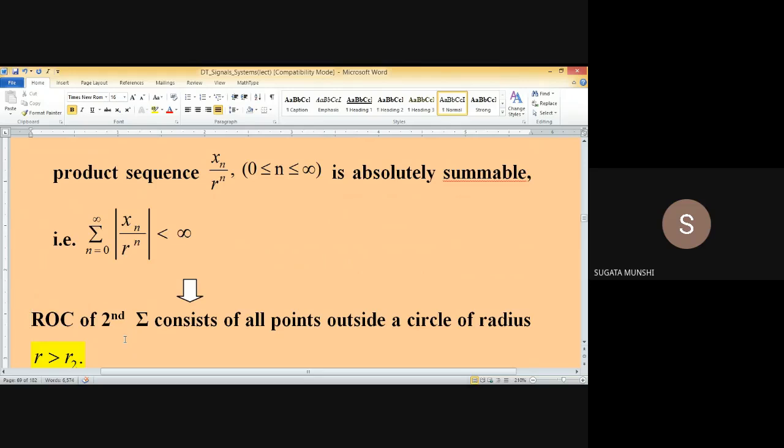So what's the common region of convergence, where both the summations will converge? A ring-shaped region such that r is greater than R2 and less than R1. That means a ring-shaped region in the z plane centered at the origin whose inner radius is R2 and outer radius is R1.